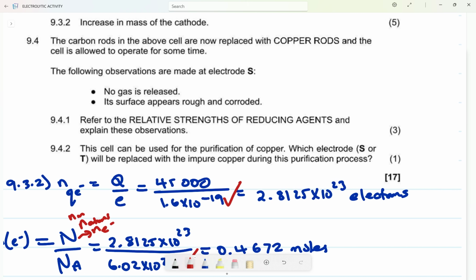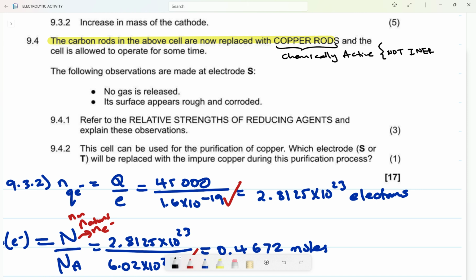And then the last one: the carbon rods are now replaced with copper rods. Remember, guys, we need carbon rods because they are inert, they do not react. But now when they replace them with copper rods, these ones are chemically active. They are not inert.